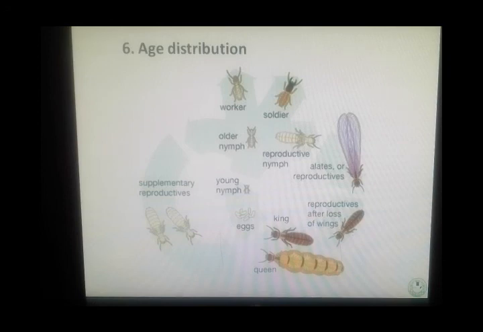Now, it is nearly impossible to count how many individuals are in the first instar, how many in the second instar. Therefore, we categorize the stages into pre-reproductive, reproductive, and post-reproductive groups.